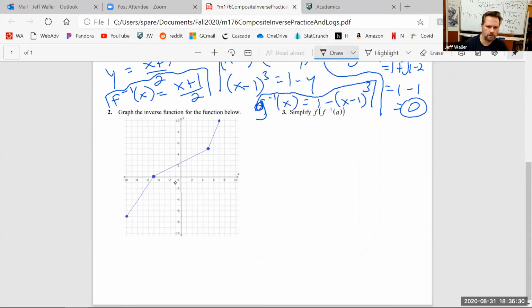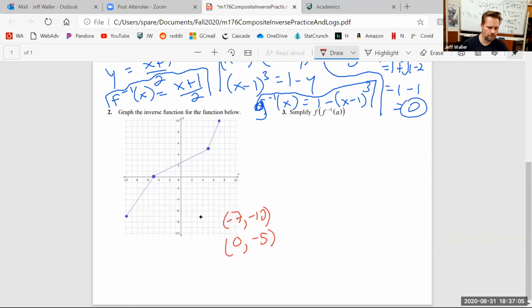Okay. So what points will my inverse function go through here? This point is negative 10, negative 7, so then it's going to go through negative 7, negative 10. Then this is negative 5, 0, so my new one is going to go through 0, negative 5.